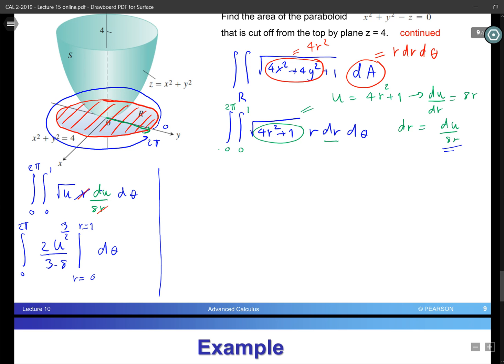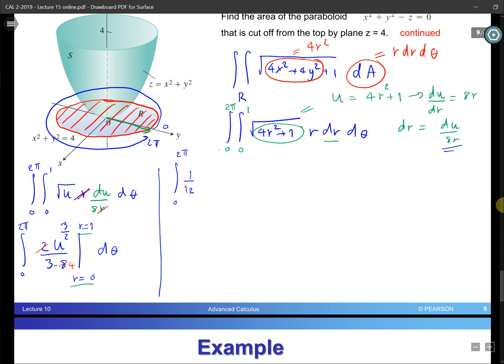And as you can see here, we have to evaluate with the r value, but we have u in the integration, so let's move r back to its place. So we have this integration theta from 0 to 2 pi. Now this is 2 over 8, we can cancel this, 2 and 8 becomes 4. So this is 1 over 12.